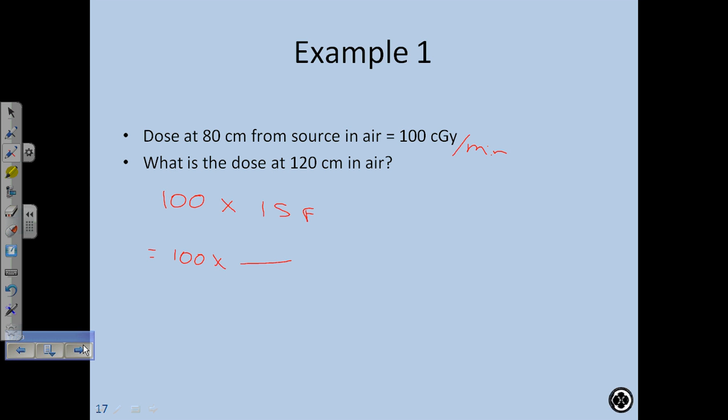So 80 over 120 quantity squared. 80 over 120 squared, that's it. 8 twelfths, that's 4 over 6, 2 over 3, 0.667. So it's 0.667 squared, which is, I don't know, 0.5, 0.45.